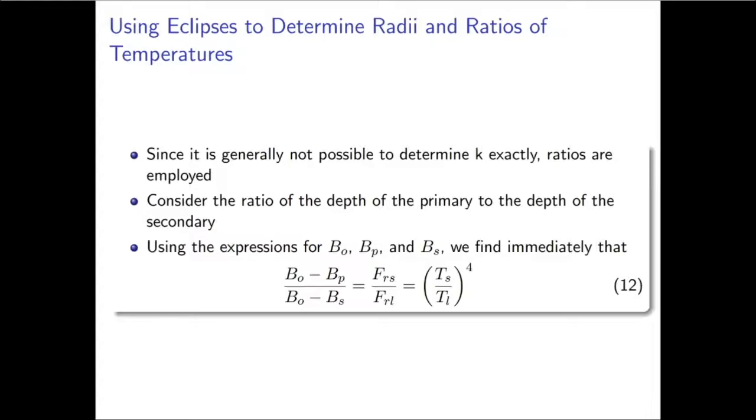So the ratio of B naught minus Bp and B naught minus Bs will be the ratio FRS to FRL. As I already talked about, FRS and FRL are directly proportional to T to the power 4. So you can change that equation, and the ratio of the light at the primary and secondary minimum that you had observed will equal (Ts by TL) to the power 4.